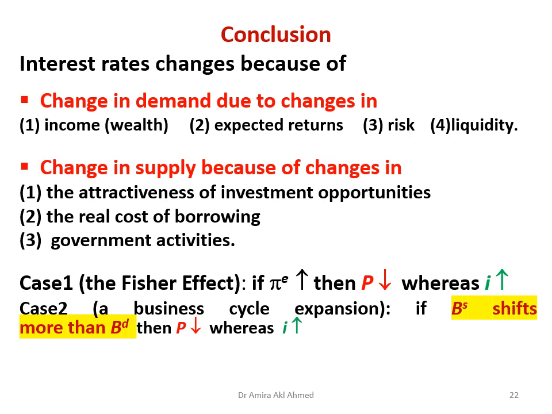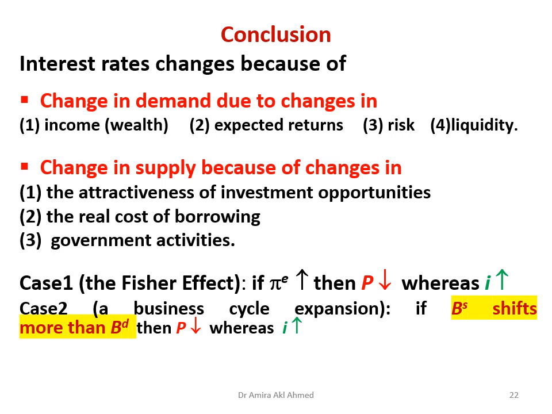In the current presentation, we have analyzed the factors that shift the demand for bonds and those that shift the supply of bonds. The supply and demand analysis for bonds provides a framework of how interest rates are determined. This framework predicts that interest rates will change when there is a change in demand due to a change in one of the following factors: income or wealth, expected returns, risk, and liquidity.